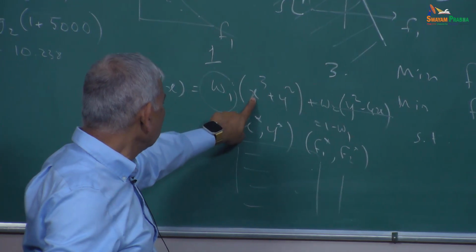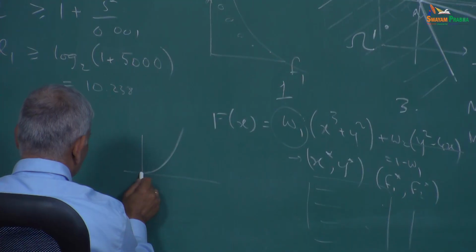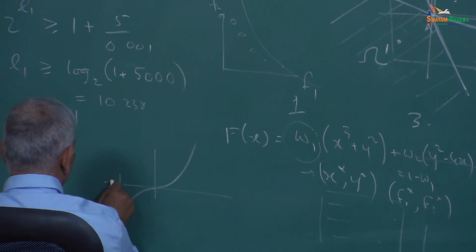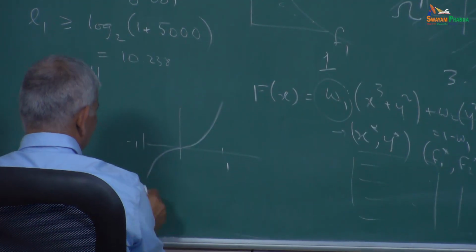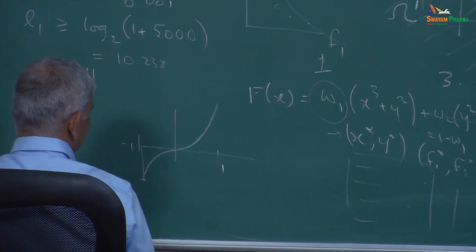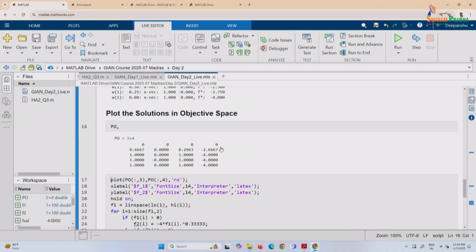And x1 now, x cube is like this, right? And you are going between -1 and 1. So when you minimize, it's going to go to -1. x1 should be -1. Why am I not getting it?